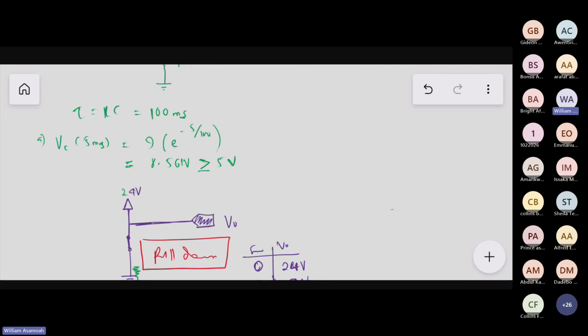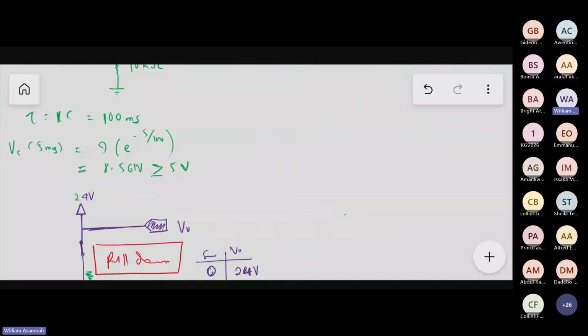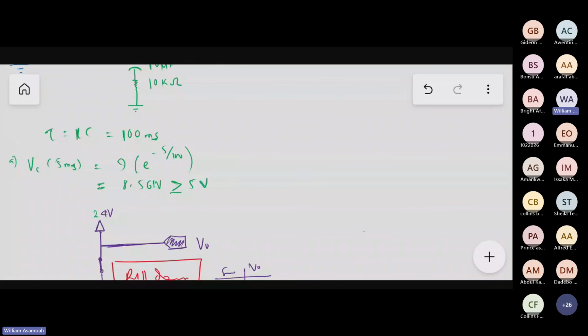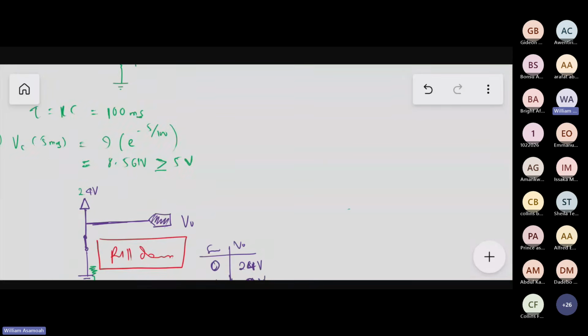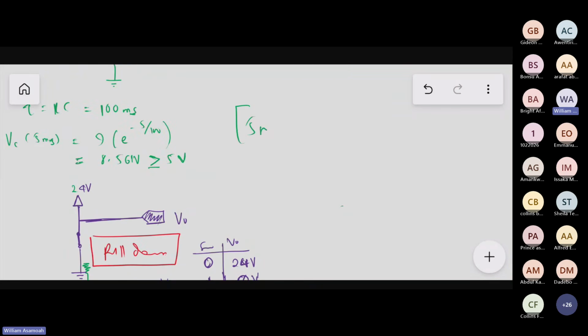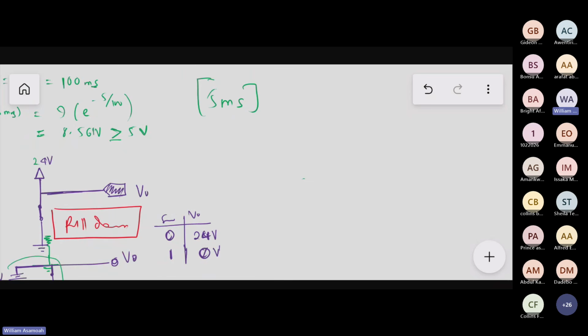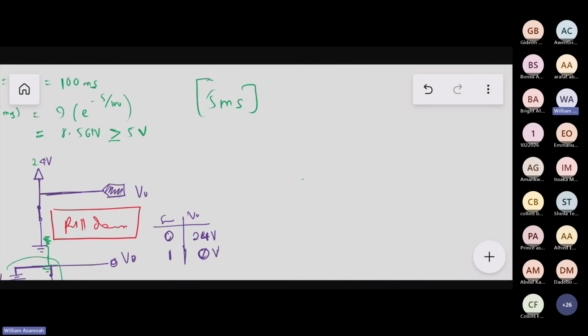The circuit here told us that the bouncing period stays for 5 milliseconds. So how do you design the circuit? You want to design it in such a way that one time constant is very, very large compared to this debounce period.